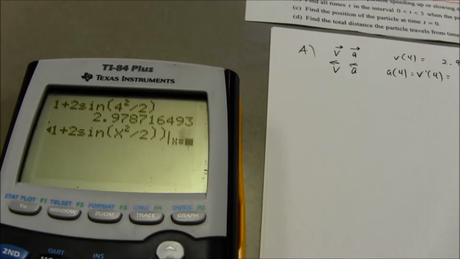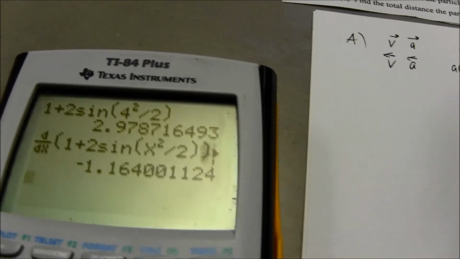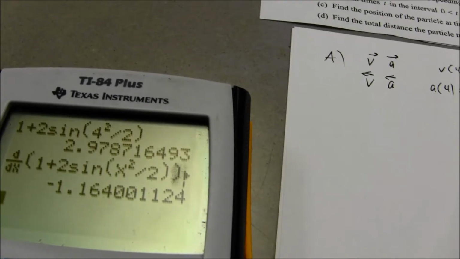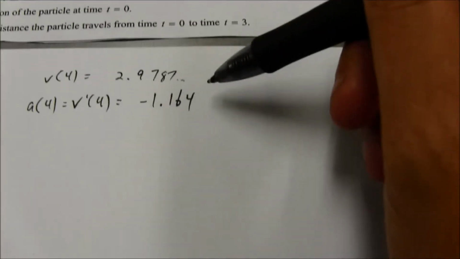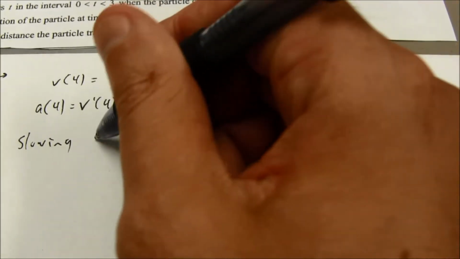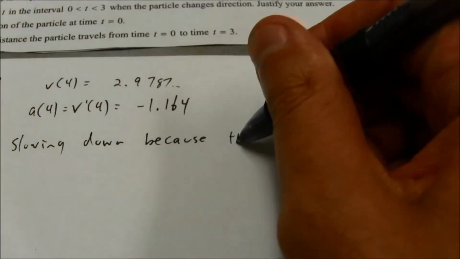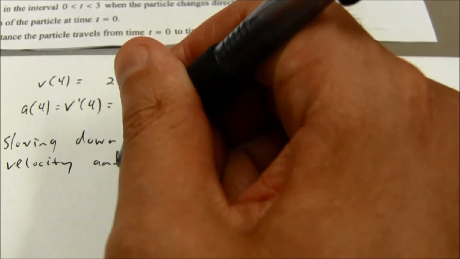This could be at x equals 4. And we can see there that I get a negative. It's about negative 1.164. So we have a positive velocity here. We have a negative acceleration. The acceleration is opposing the velocity. That means it is slowing down because the velocity and acceleration have opposite signs.